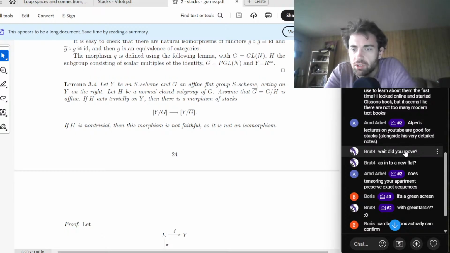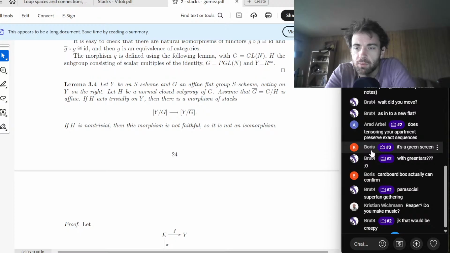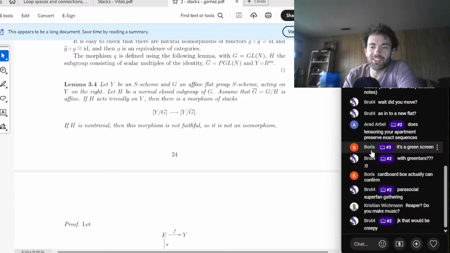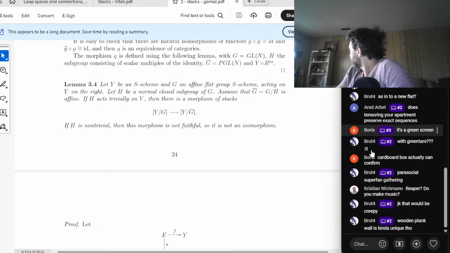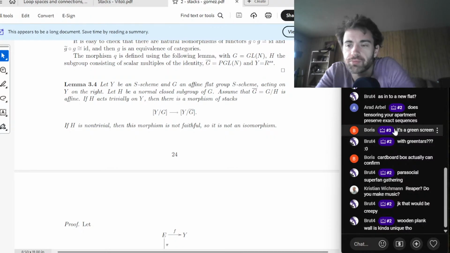Nice. I did move, yeah, to a new place where I don't hate my roommates. With green tars? Does tensoring your apartment preserve exact sequences?